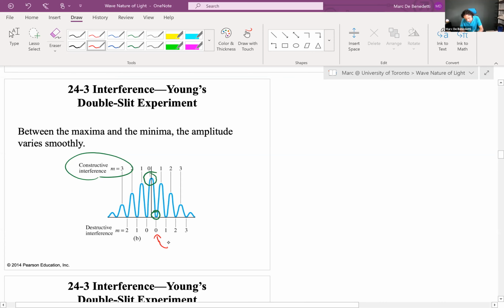Because don't forget, this is m plus a half, lambda. So when m is equal to 0, you have lambda over 2, which is your half a wavelength out of phase. So that's going to be a dark spot. So your first dark fringe happens when m is equal to 0, and your first bright fringe happens when m is equal to 1. So we're introducing this notion of fringes.